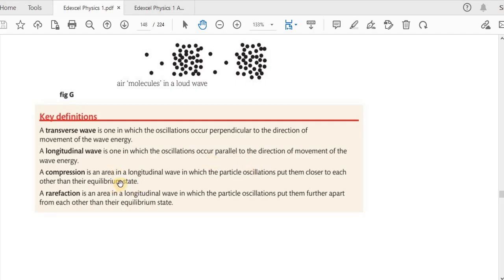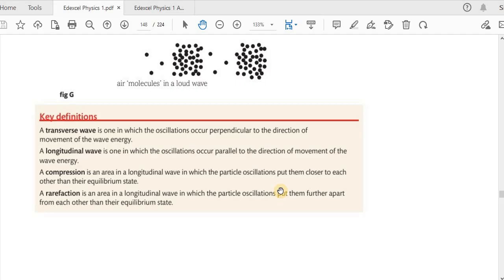A compression is an area in a longitudinal wave in which the particle oscillations put them closer to each other than their equilibrium state. Put them closer to each other than the equilibrium state means, if the particles are undisturbed, if you take for example a slinky, the coils in the slinky stay in their normal place.